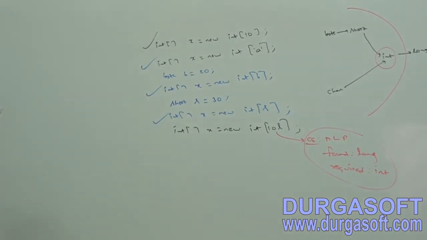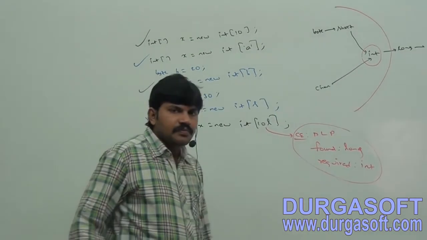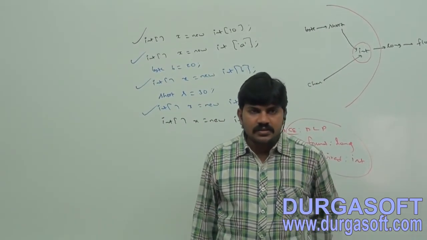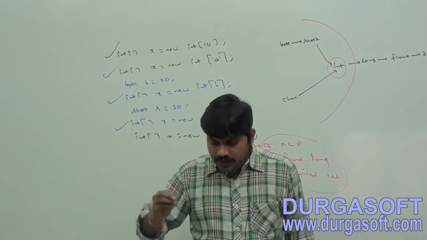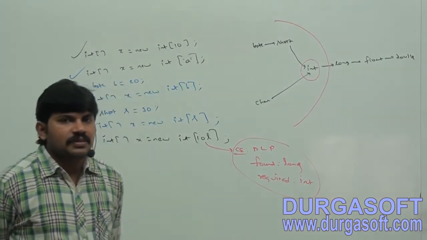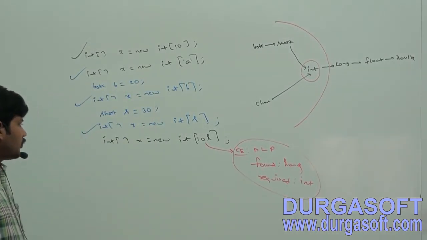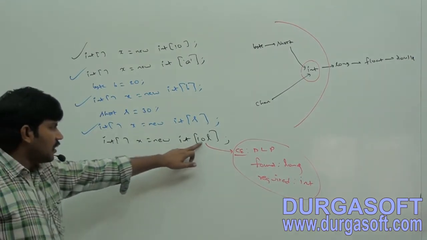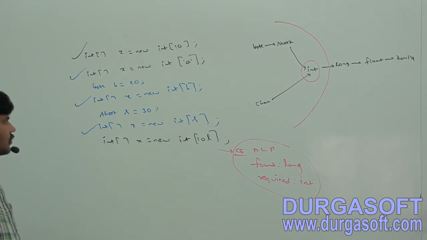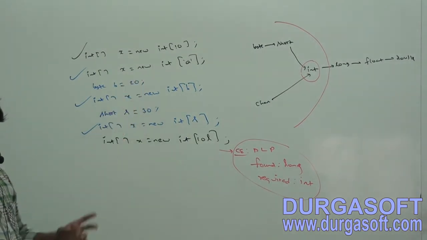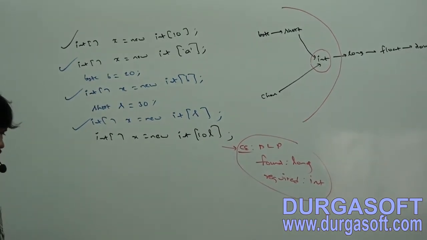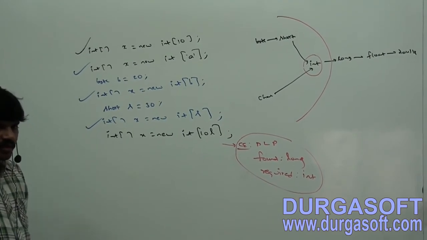Okay, to specify array size, the allowed data types are byte, short, char, int. Better to take them one by one.